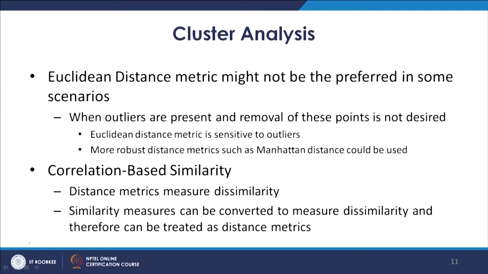If we go back, there was one important point where we said that Manhattan distance could be useful. Let us go back to the point and discuss that particular aspect: presence of outliers. When outliers are present, we said that a more robust distance metric such as Manhattan distance could be used. Now you can see why this was mentioned, because in the other metric, for example Euclidean distance, the squared differences between coordinates are there in the formula.